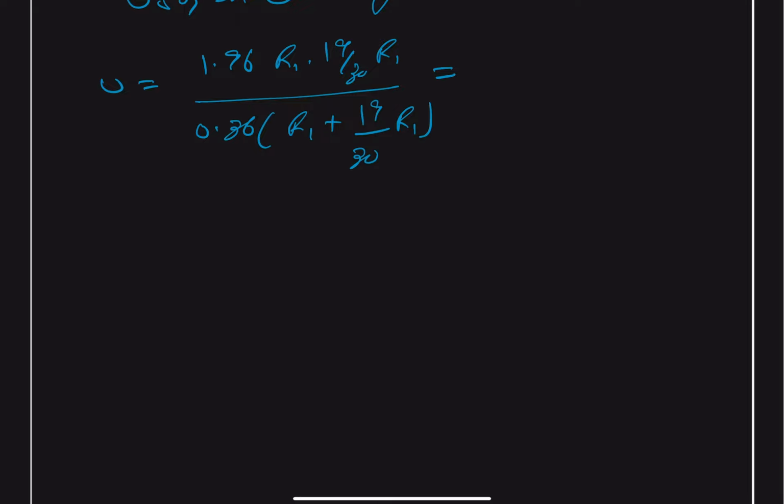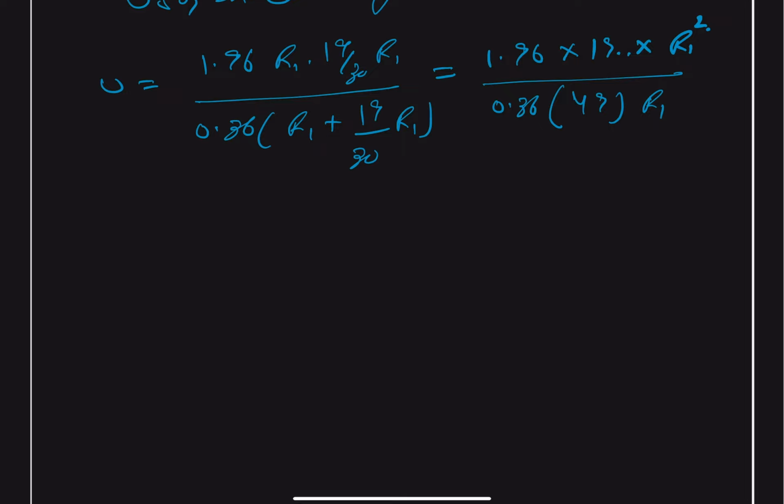This comes as V square, and we can write this as 1.96 multiplied by 19 multiplied by R1 square, divided by 0.36, and taking R1 common, this comes as 30 plus 19, that is 49 times R1, and 30 and 30 are going to cancel with each other.